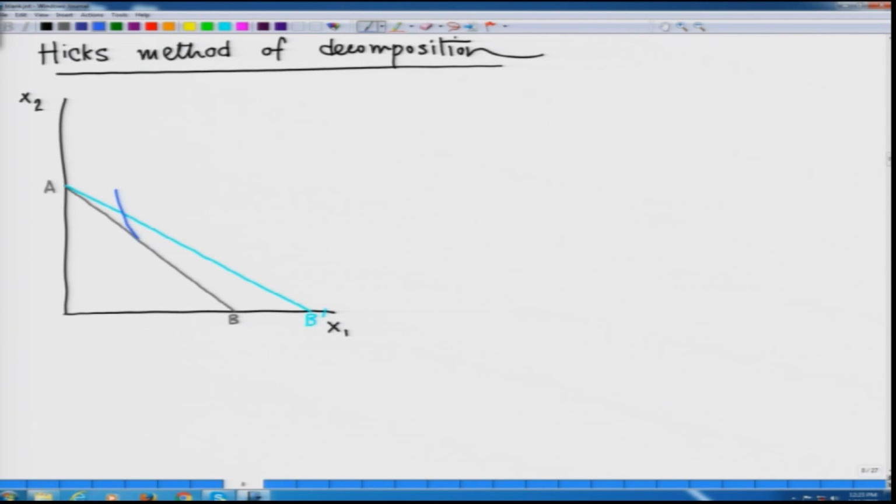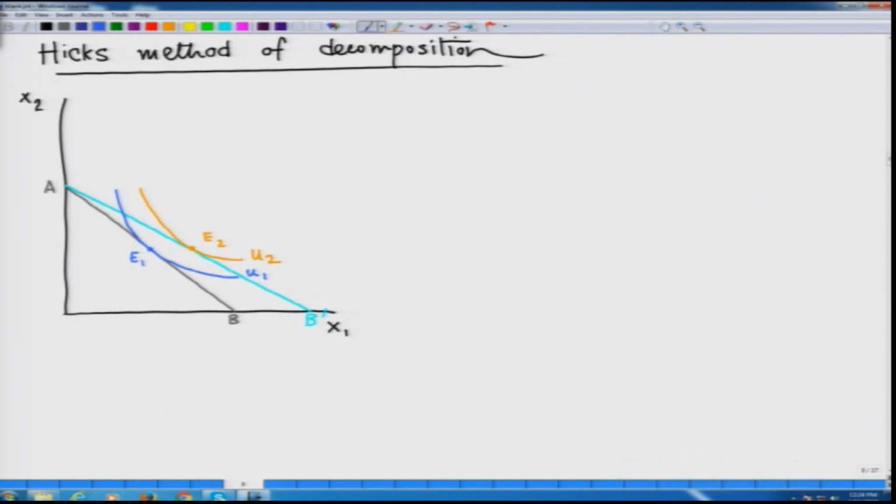The consumer finds tangency between the initial budget line and an indifference curve depicting utility level U1. The consumer again reaches another equilibrium, which is a tangency point between the new budget line AB prime and a new utility level depicted by indifference curve U2. This is the new equilibrium point. Let me call this E2. Previously, let me call the initial equilibrium point E1.